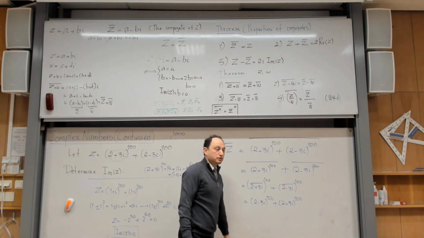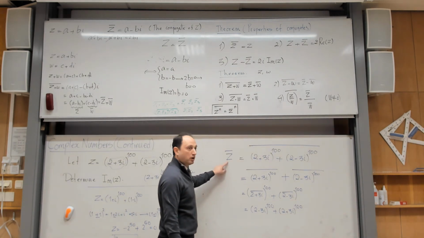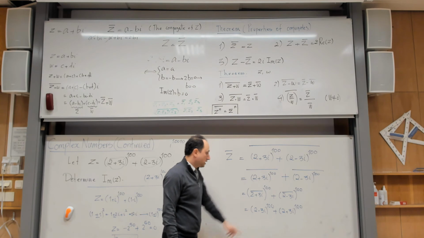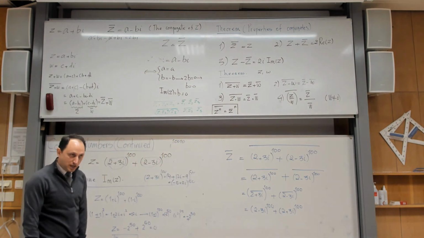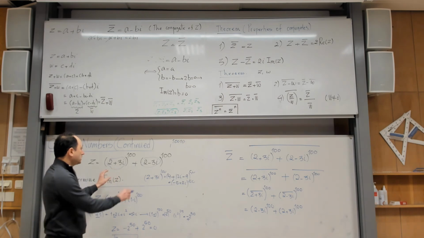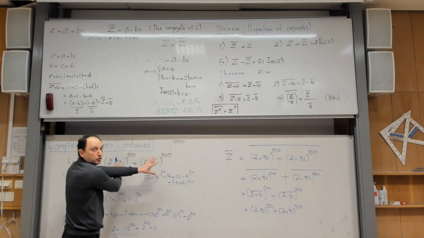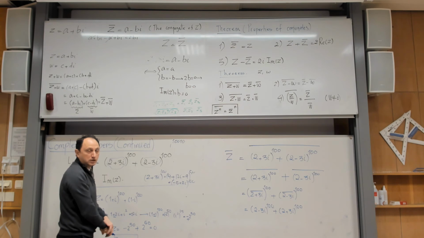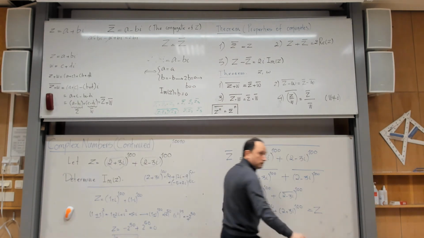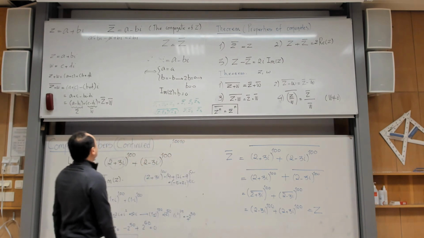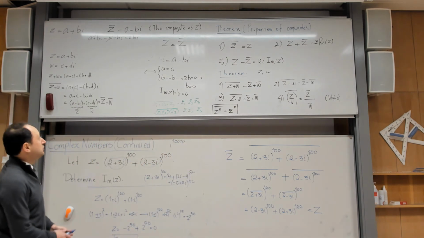So what happened? I calculated z bar. I ended with this number. But what is this number? It's the same as z. The only difference is that they are written in a different order. Yes or no? Yes. So z bar is equal to z. I had written it, but I cleaned that.